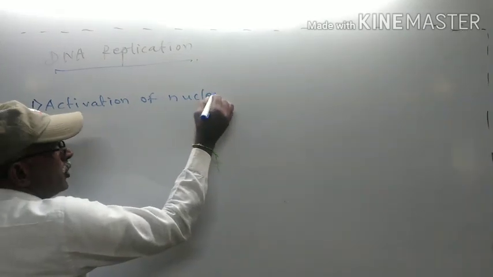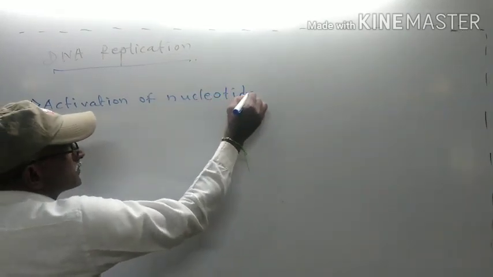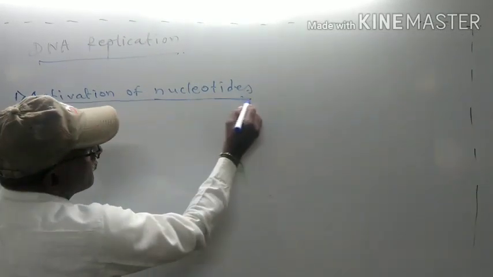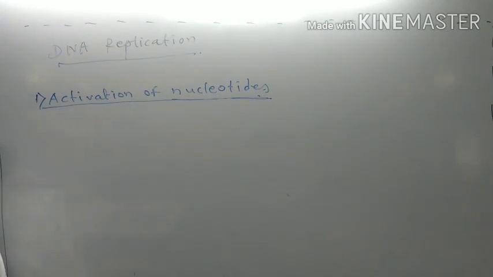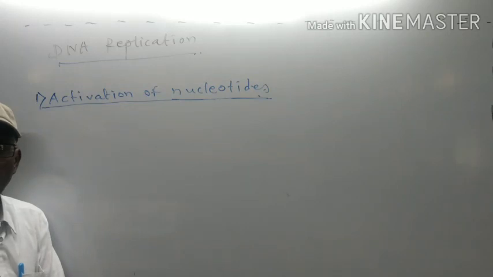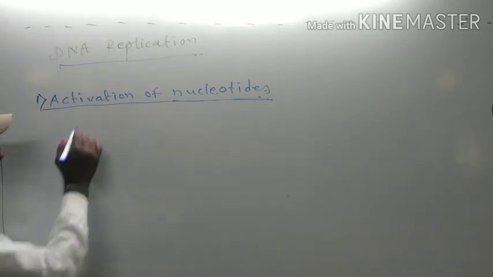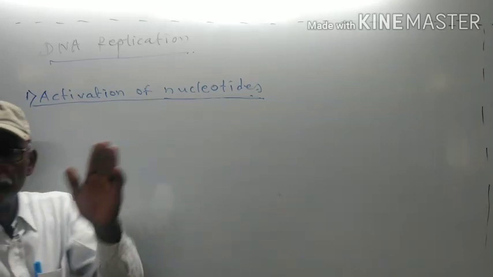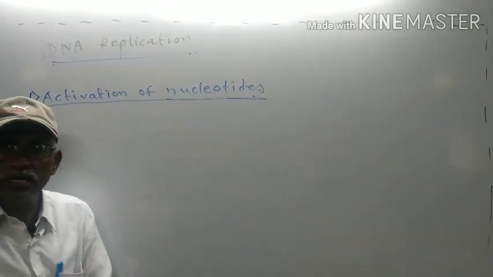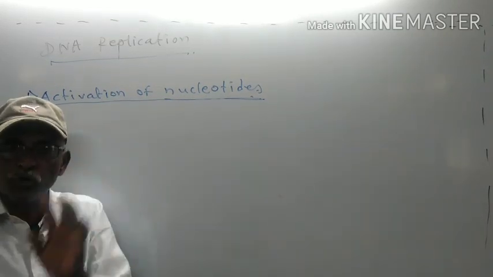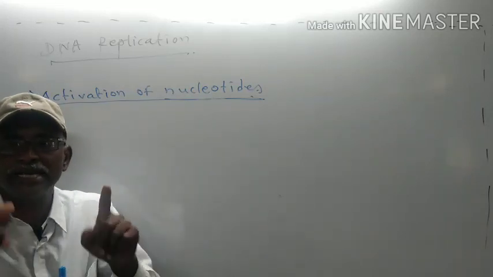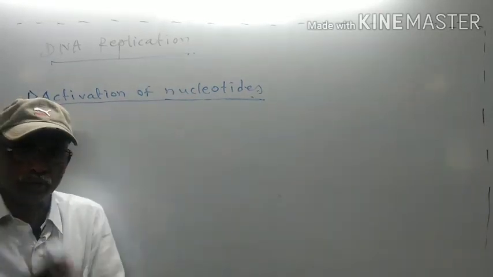Now, I have told you what nucleotides are. Nucleotides are the units of DNA, or DNA is made up of several nucleotides. So, activation of nucleotide. Last year I explained, or you have learned, that the name of a nucleotide is given by the nitrogen base present in that particular nucleotide.